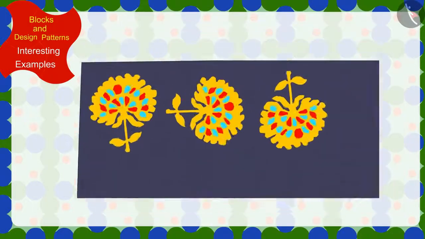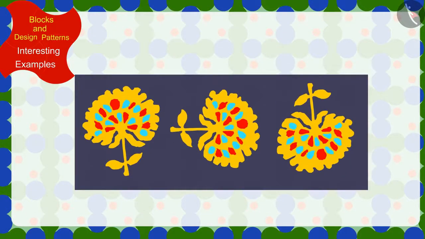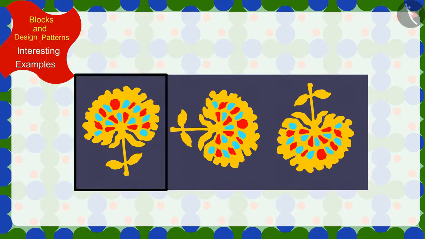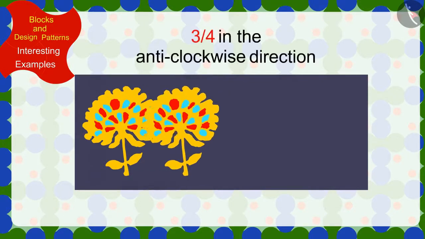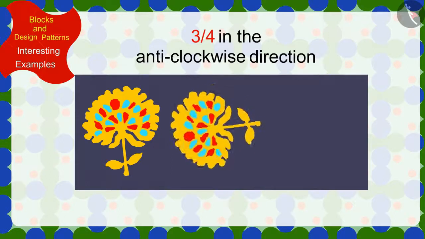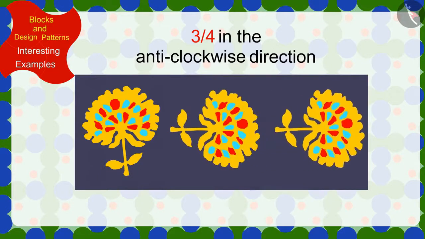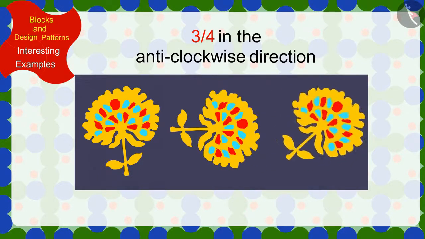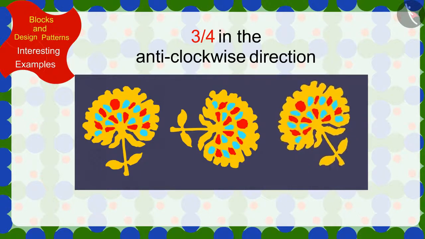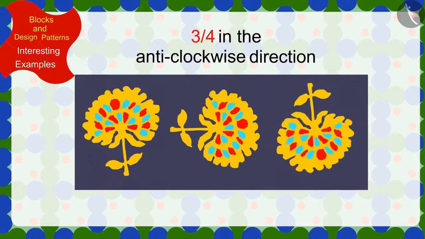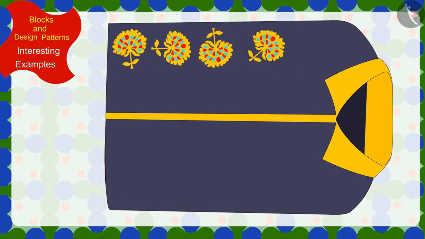If we look closely, we will find that this impression is made by rotating its previous impression 3/4 in the anti-clockwise direction. In the same way, the impression made after it is made by rotating this impression 3/4 in the anti-clockwise direction. Oh, wow!